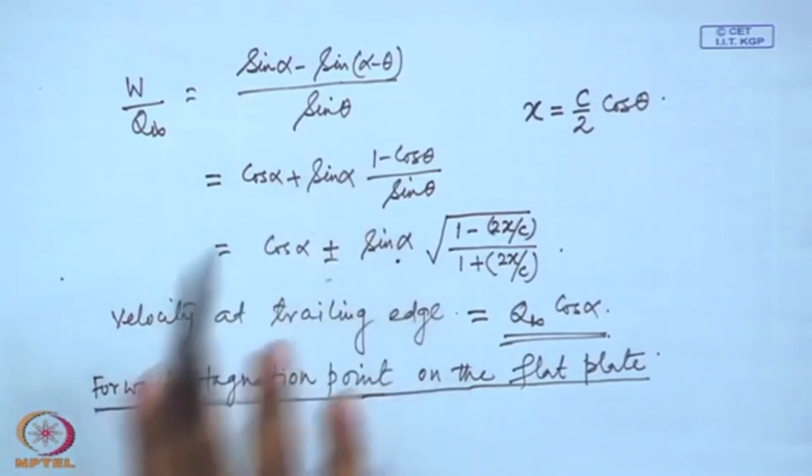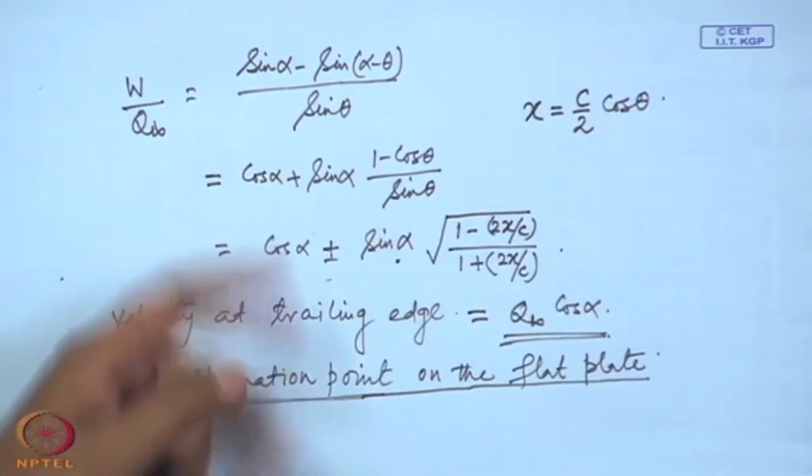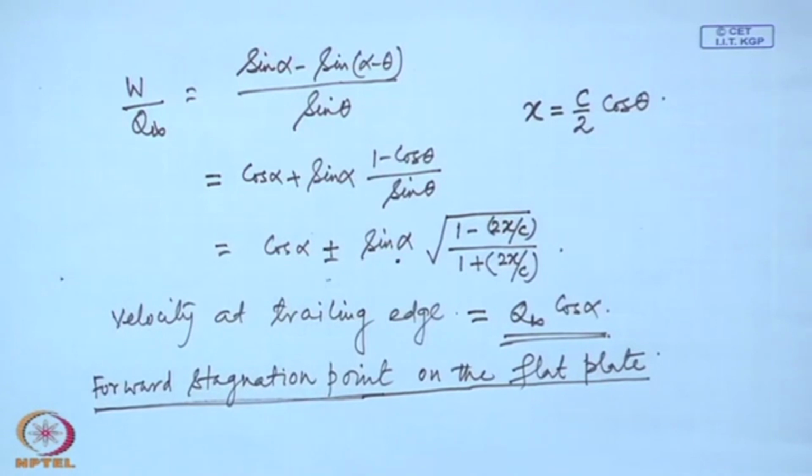W equal to 0 for what value of theta? Solve this.